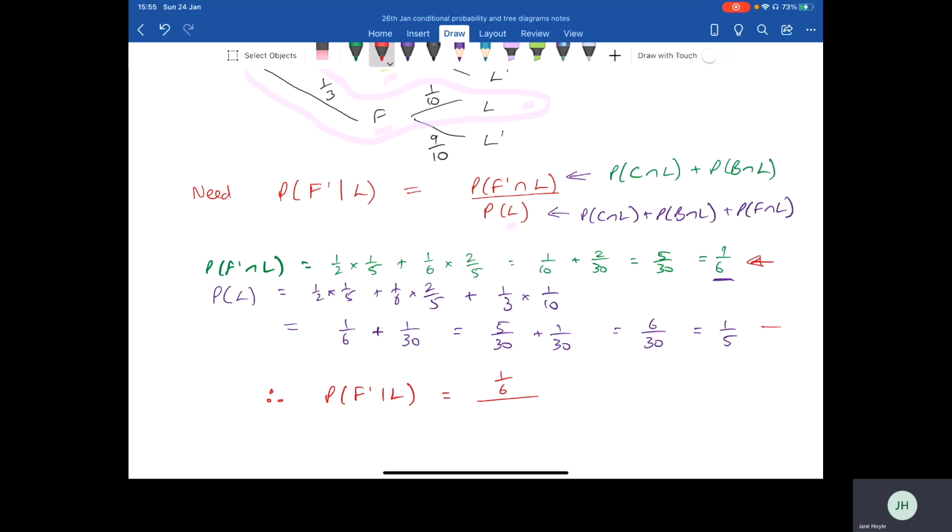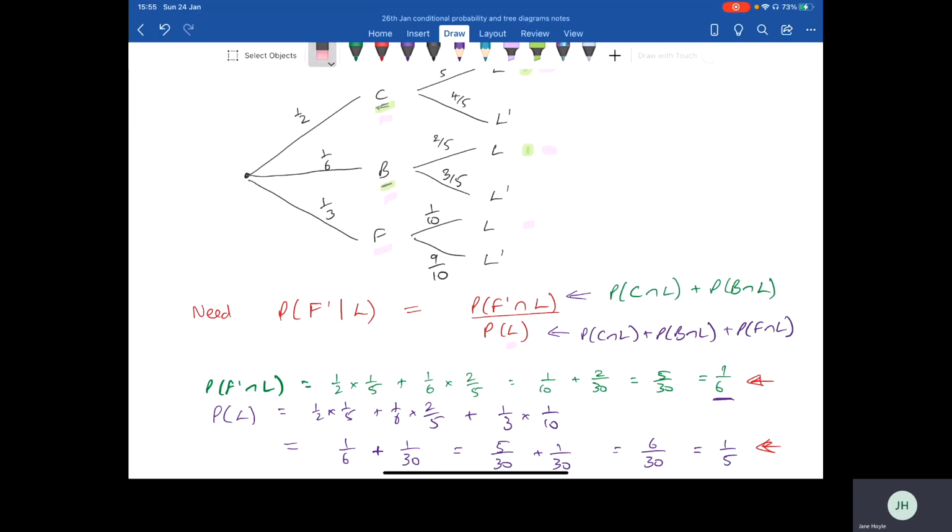That's the denominator, this one here, that's 1/5. 1/6 divided by 1/5 is equal to 1/6 times 5/1. 5/6 is our answer.